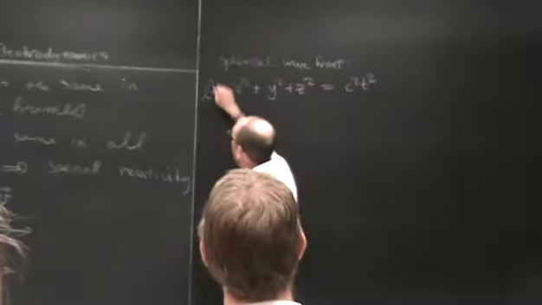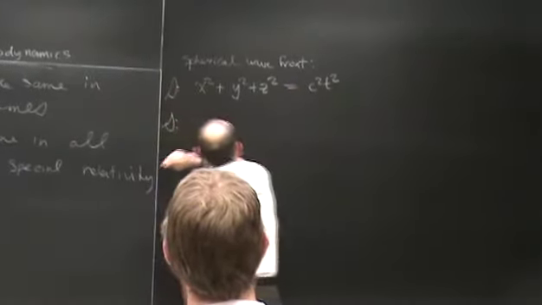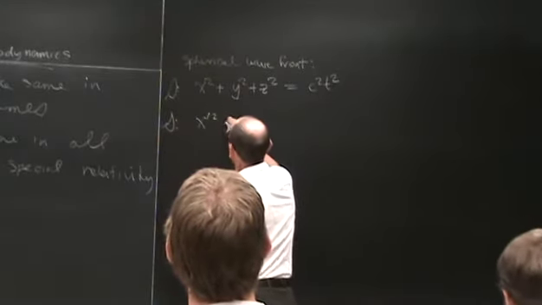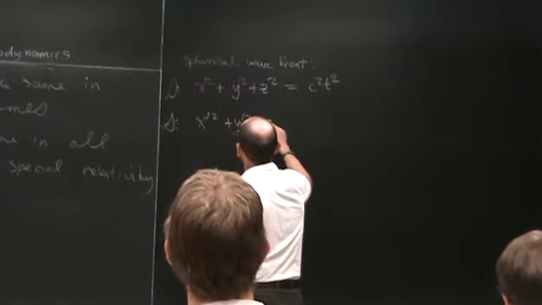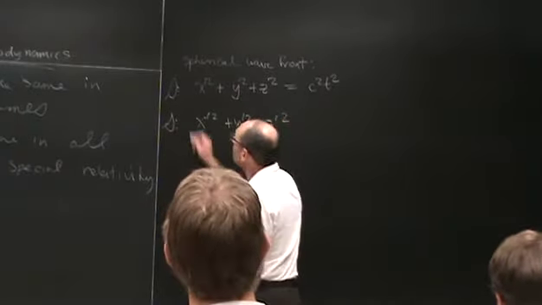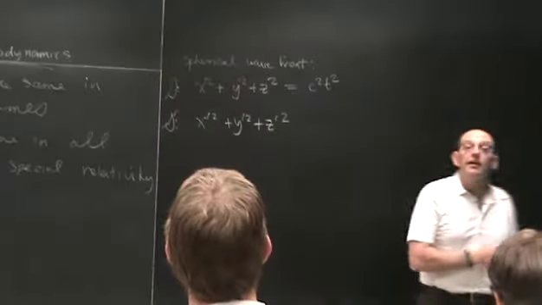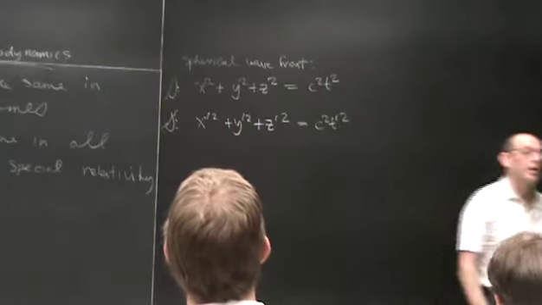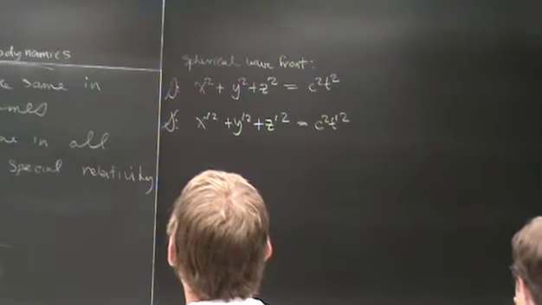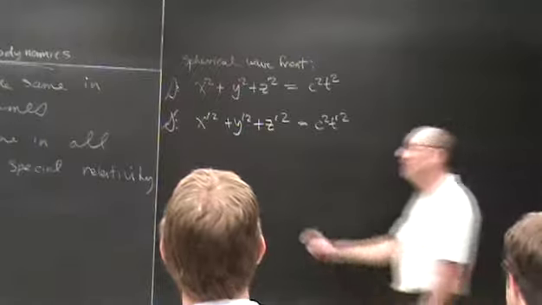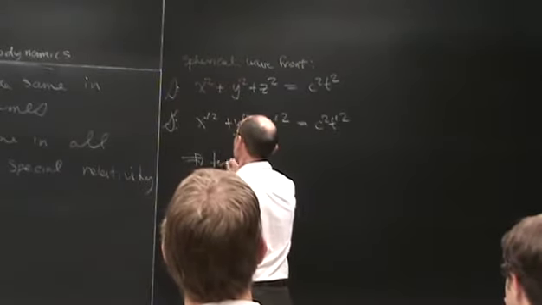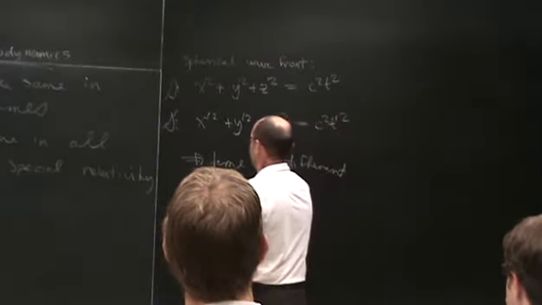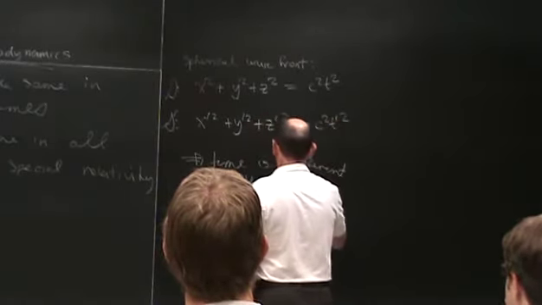This is in reference frame S, and the point here is that this must be true in the co-moving frame as well. So if there are coordinates x, y, and z in that co-moving frame S prime, then this has to equal ct prime, quantity squared. And the only way this can be true is if time is different in the two reference frames.